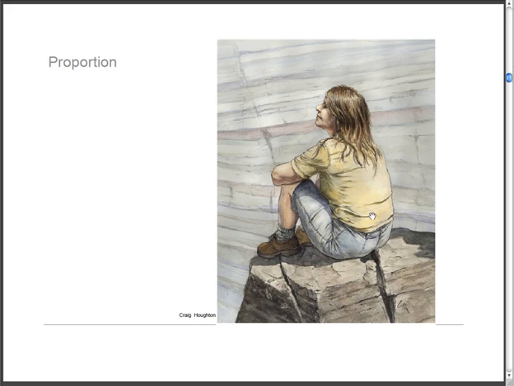She's sitting comfortably on the rock, and we have the sense of the scale of this facade behind her, so there's a relationship of part of, you know, the face to the face and the head to the rest of the body, so part to part, and then the totality of the figure to the totality of the space.